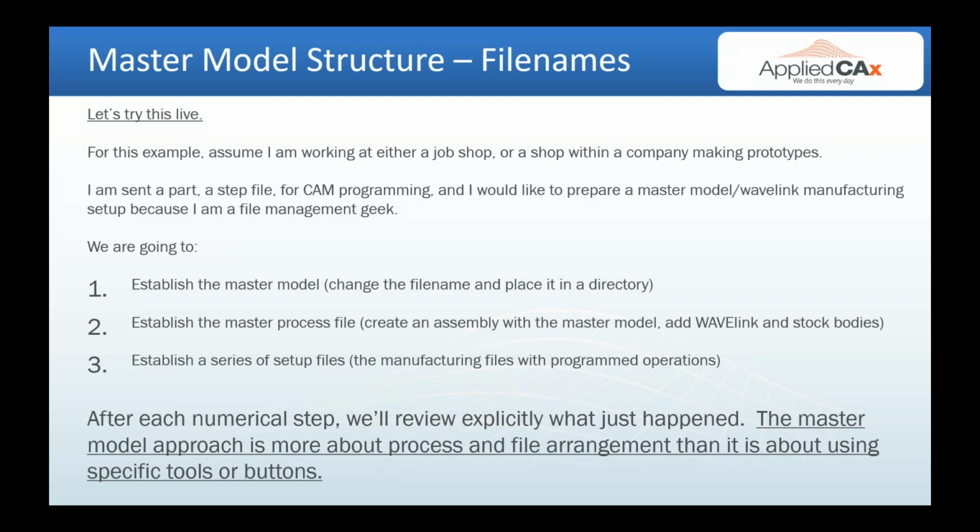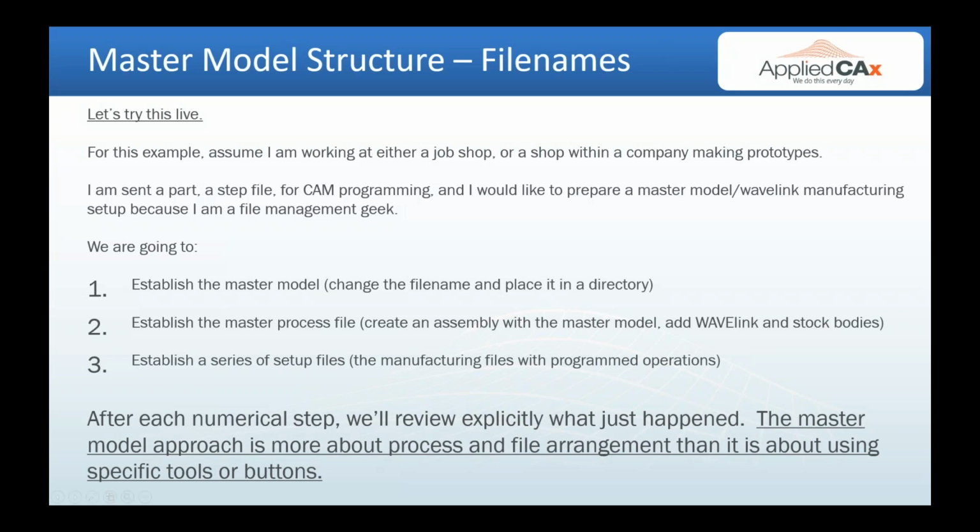And again, this is best practices. There are many ways to do this. So we're going to establish a master model, a master process file, and then show how these process files help create manufacturing setup files. The final goal is that you get to setup files and you're able to do very complex CAD edits without altering your final geometry in ways you can't track.